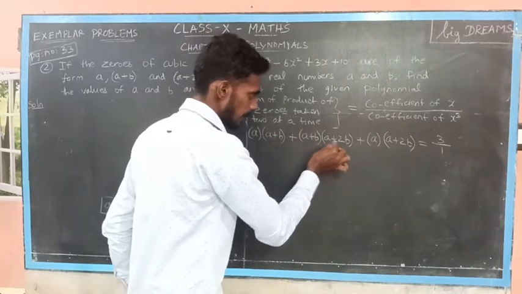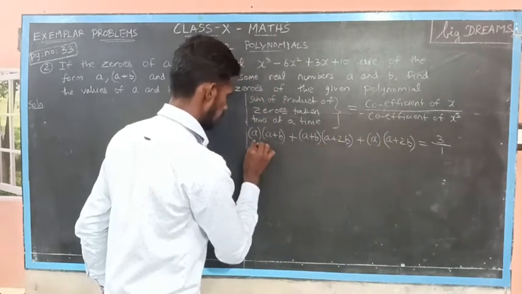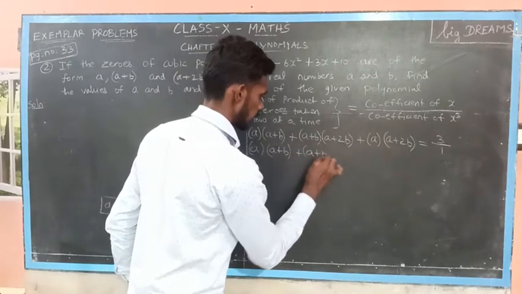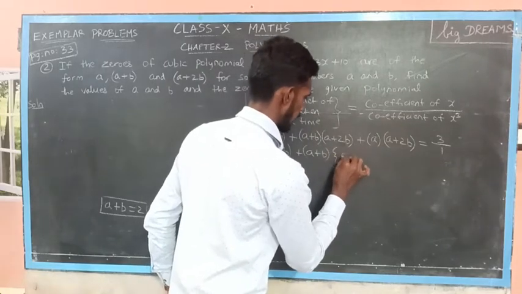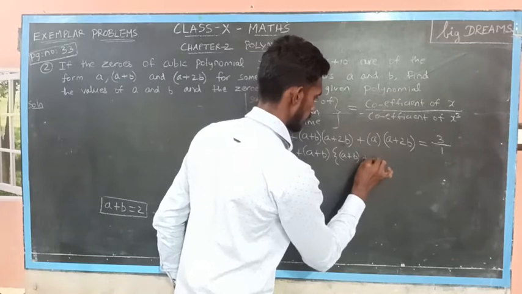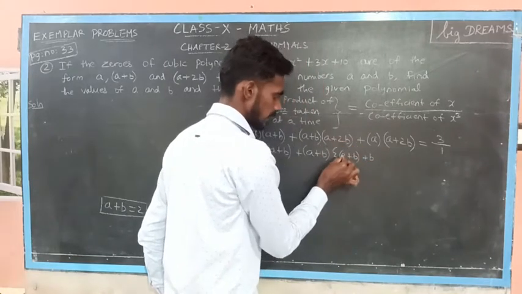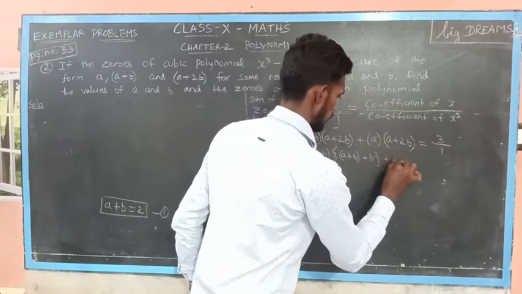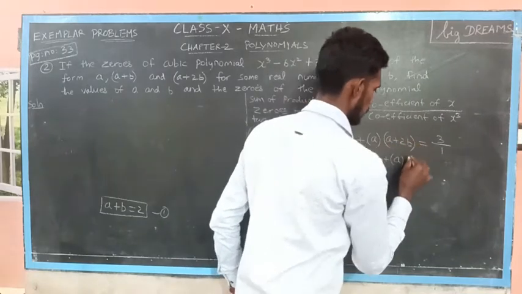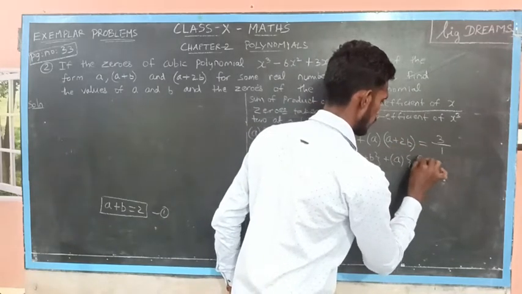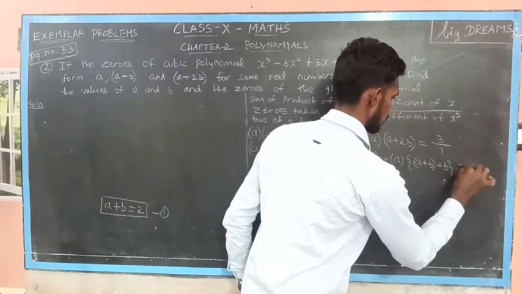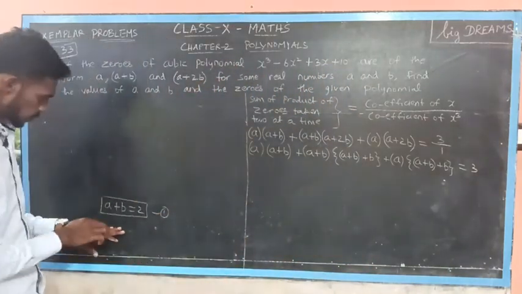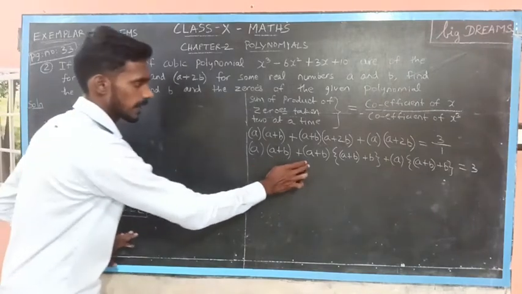I am rewriting these a plus 2b terms: a plus 2b can be written as a plus b plus b, so it is a into a plus b, plus a plus b into a plus b plus b, plus a into a plus b plus b, is equal to 3 by 1, which gives 3. I am writing in this form because I am going to substitute the value of a plus b is equal to 2 in this expression.